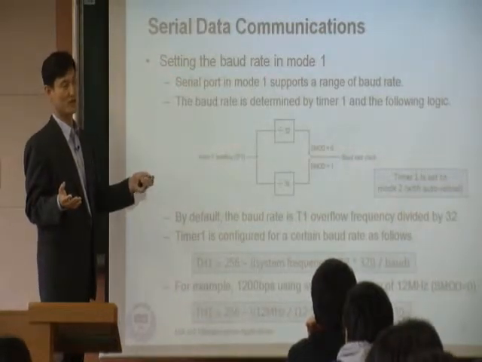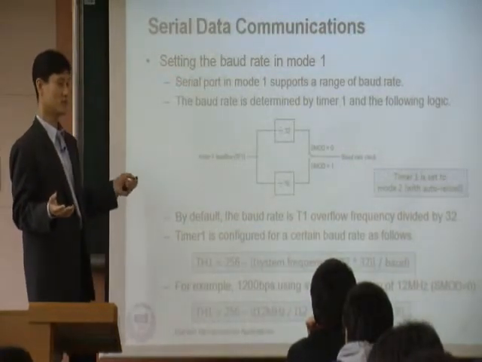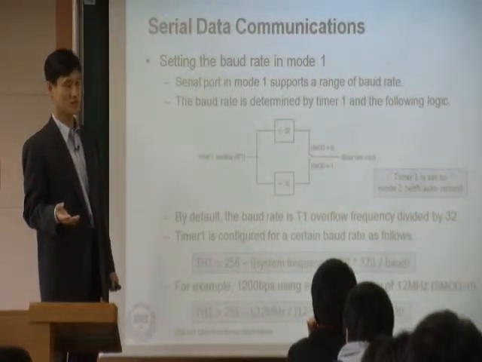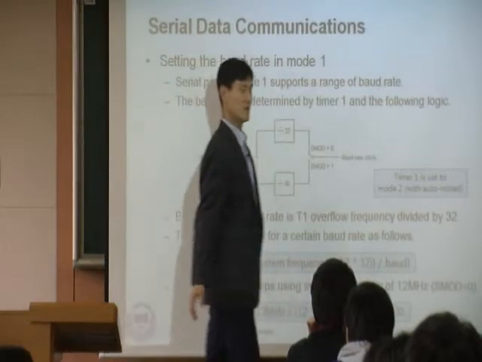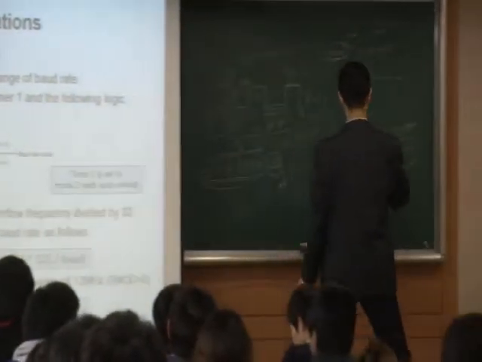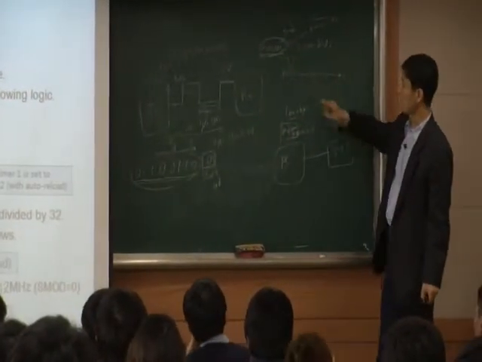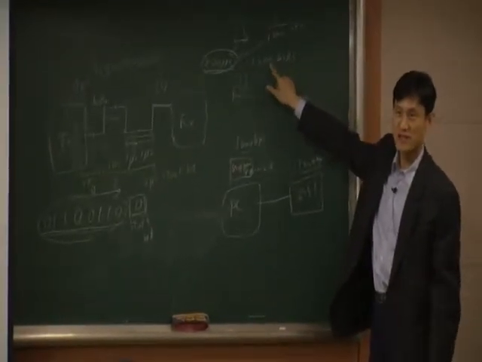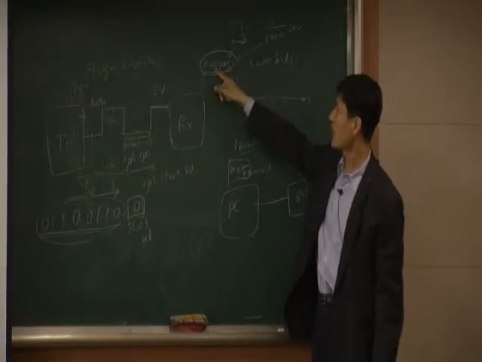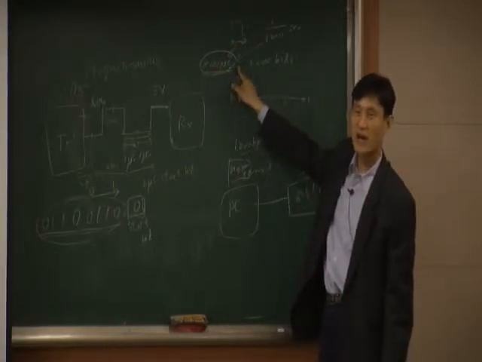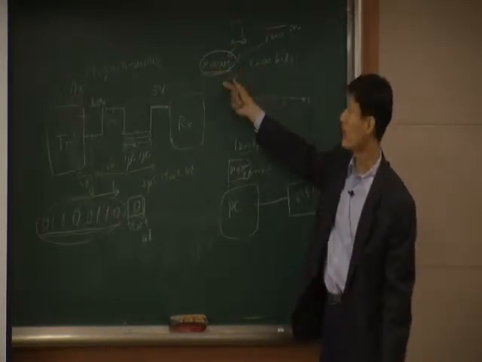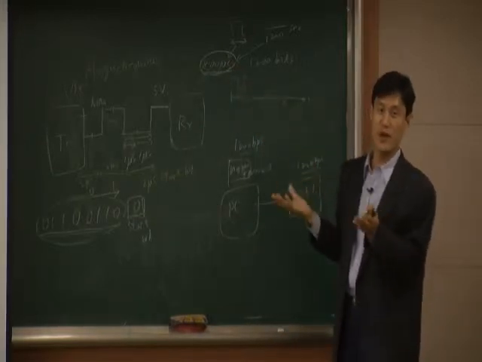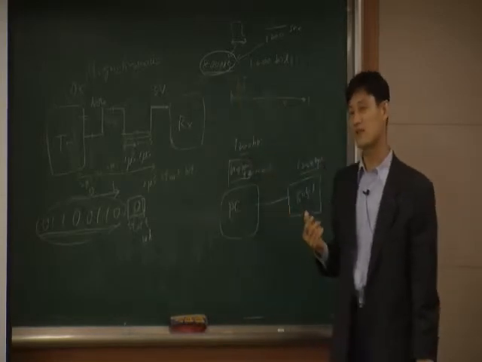Why do you need a timer? Can anyone give me a reason why you need a timer in serial communications? Simply, if I set my baud rate to 1200 bps, that means my bit duration is 800 microseconds. So how does the microprocessor know 800 microseconds? There's no way we can know that.